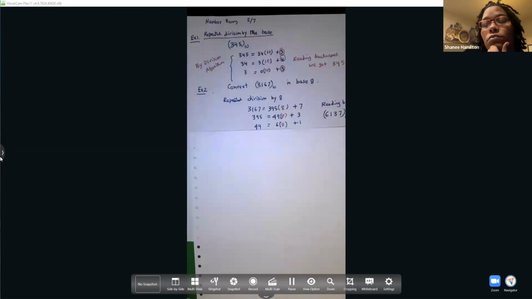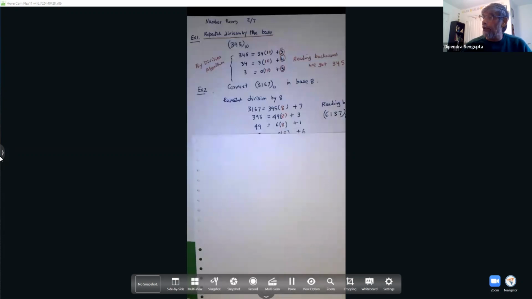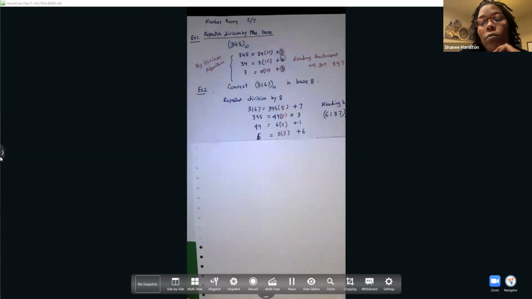You have to divide by 8. So it's 0 times, right? If the quotient is less than the divisor, it always goes 0 times, right? So I am done now, right?